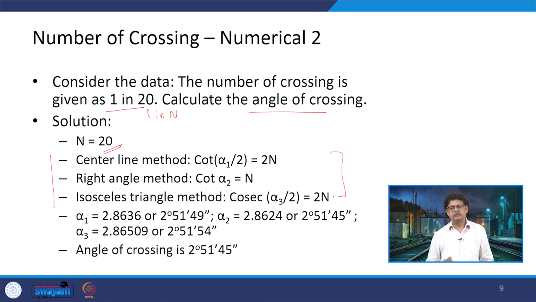So, these 3 formulas we are going to use now. Alpha is to be found out, n is given to us, so we just put the values in these 3 equations. What we get is alpha 1, alpha 2 and alpha 3. They can be presented as degrees or in degree, minutes and seconds format. The angle of crossing which comes here is 2 degrees 51 minutes and 45 seconds. This is the value related to the second method, which is the right angle method or Coles method, used on Indian Railways.